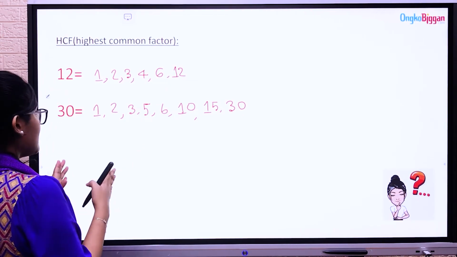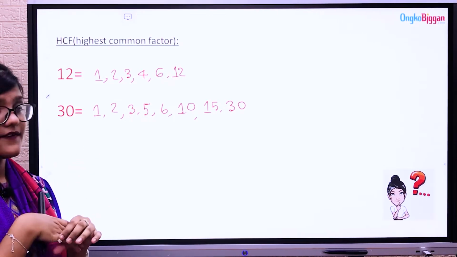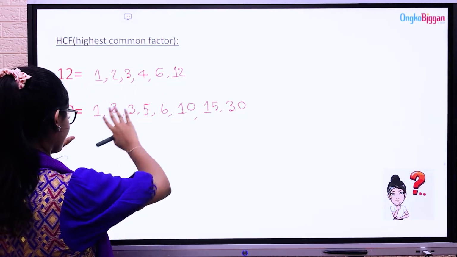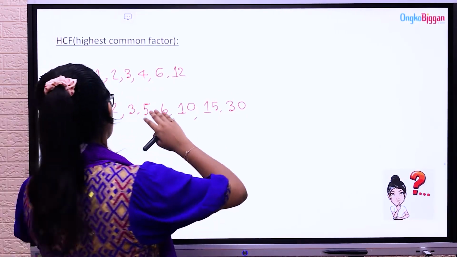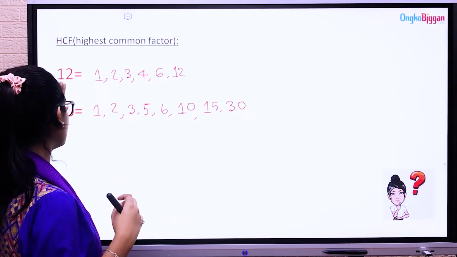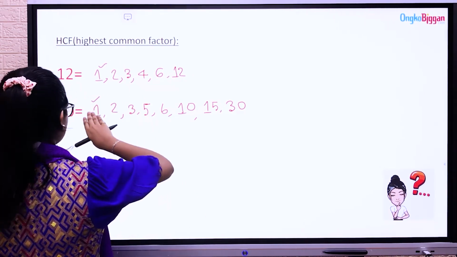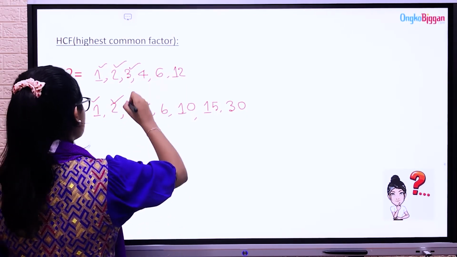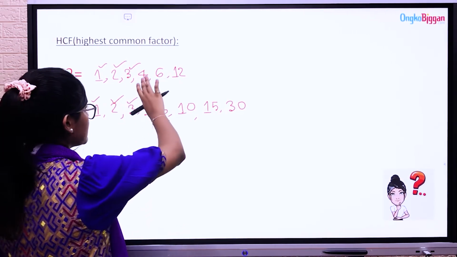So let's have a look at these. HCF stands for highest common factor. These are all the possible factors of 12 and 30. Let's mark those factors which are common to both 12 and 30. In 12 we have 1, and in 30 we have 1 as well. Secondly, we have 2 here also, and 3. We have no 4 in the case of 30, so it's not applicable.